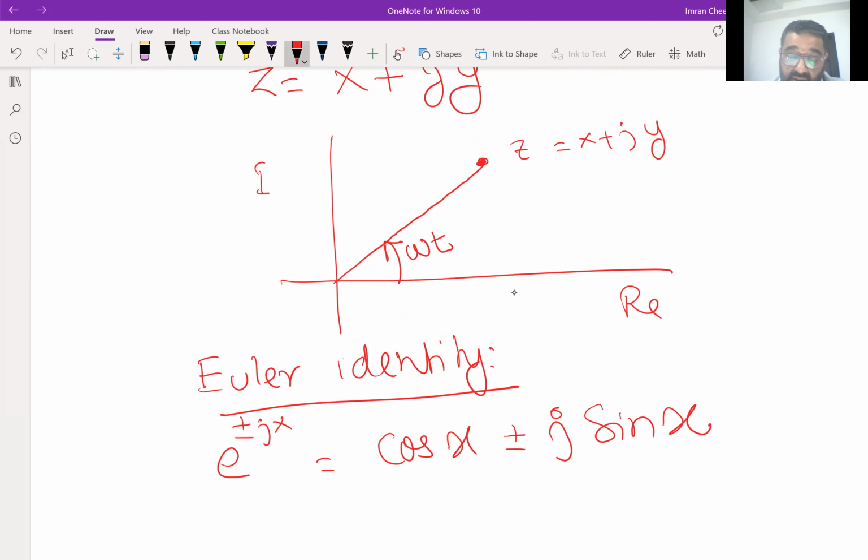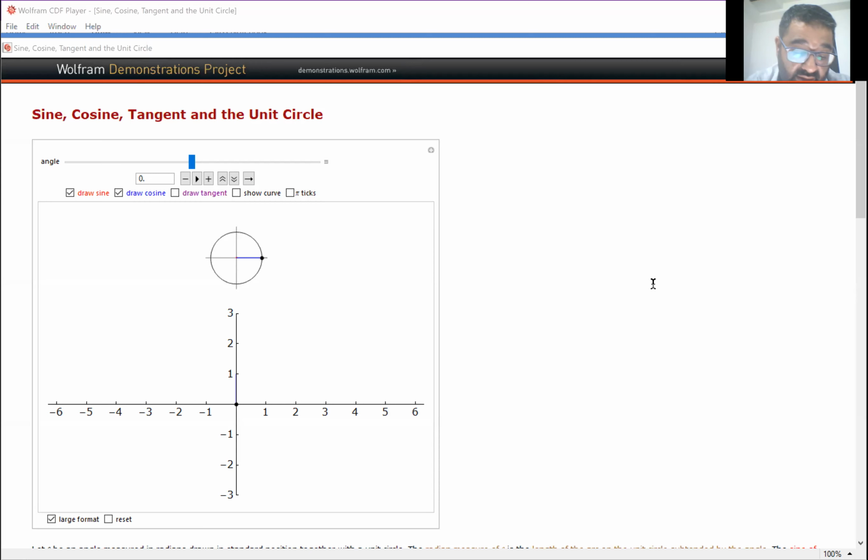Okay? So basically, when a complex number is rotating with a frequency omega, we have the real part and the imaginary part of the sinusoids. Let me show you a quick animation here. I know all of you know this, I'm just reminding you. So you see this on a unit circle.